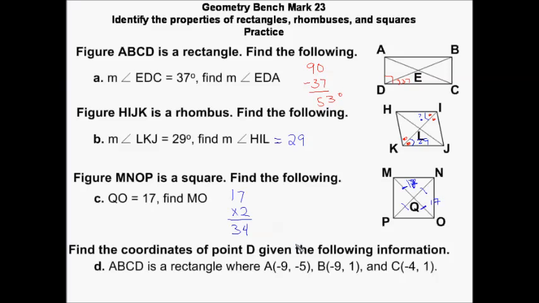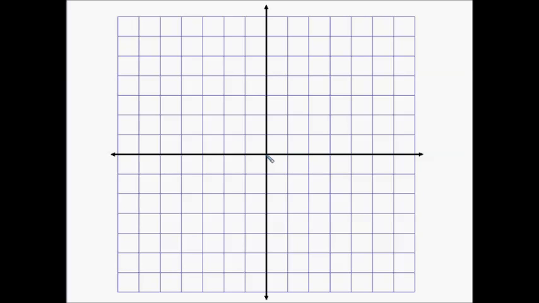Okay, and I need to find a point D, so I'm going to put some graph paper on another sheet because, well, it's just going to be easier. First one. -9, -5. So I've got 2, 4, 6, 8, 9. -9. 2, 4, 5.